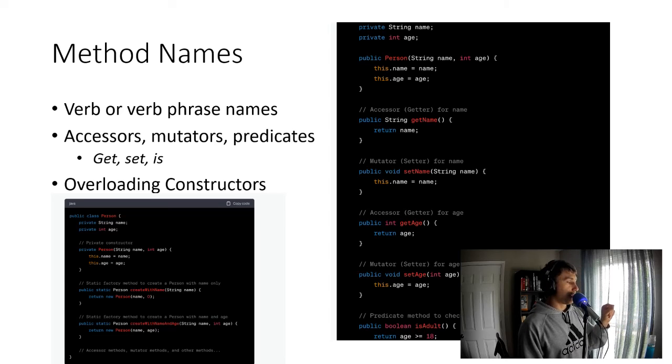But what you can do, Tim says, is you can have static factory methods within your class, which allow you to create a certain specific person. So you can customize the method name and have it be very descriptive to the exact type of person that you're creating. On the left-hand side, you see there's a static method that returns a person called create with name.